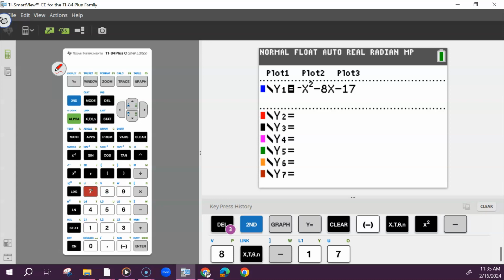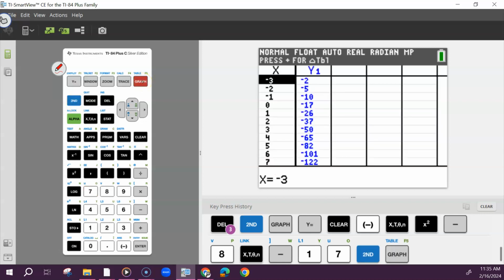And then go into the table and find where your y values repeat and find the middle. You may have to scroll up. Where is the middle of that? -4, -1.